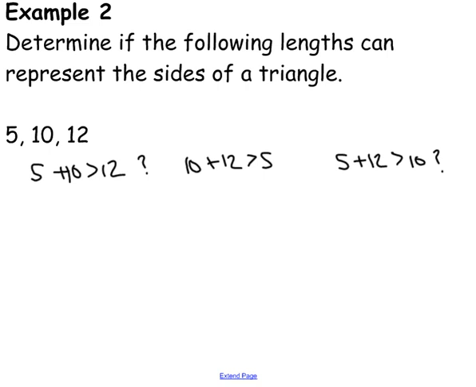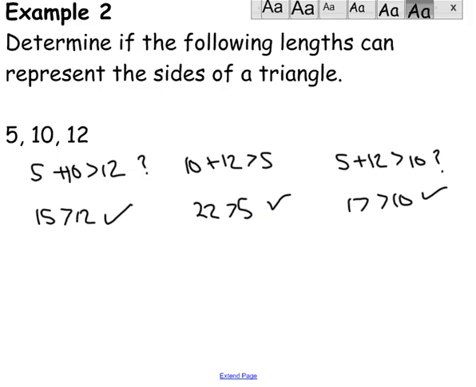Well, let's see. 5 plus 10 is 15. That's greater than 12. 10 plus 12 is 22. That's greater than 5. And 5 plus 12 is 17. That's greater than 10. So the sum of any two sides is greater than the third side. So this could be a triangle. So let's go ahead and write that.